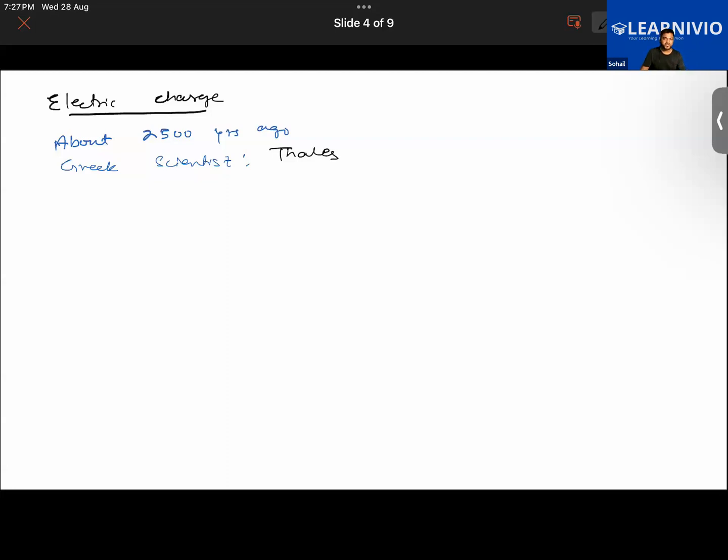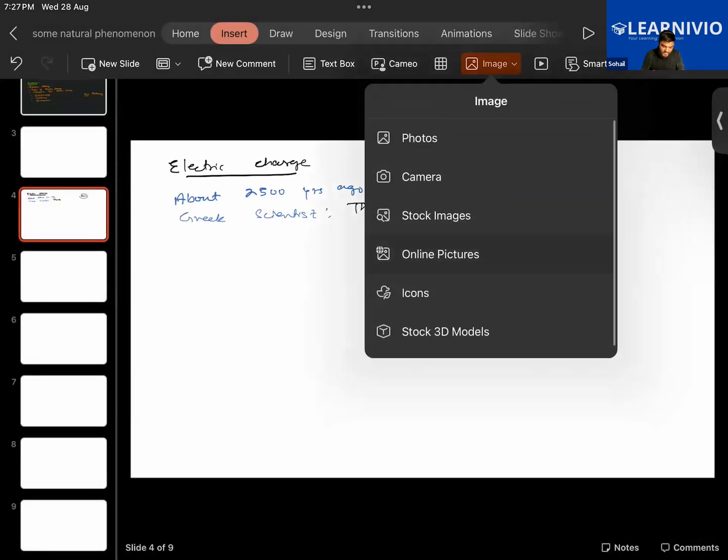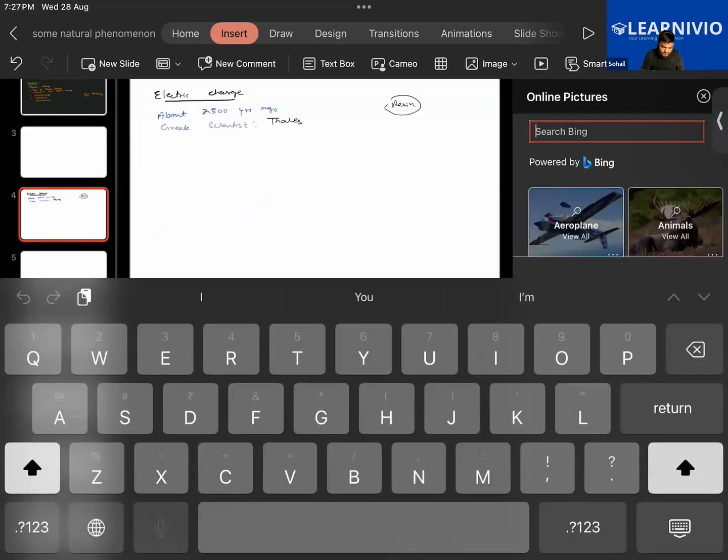So Thales observed that when a material known as amber was rubbed with a silk cloth, it started attracting tiny fibers. You all know what a resin is? A product that comes out of the bark of the trees. It would be yellowish, having a golden color.